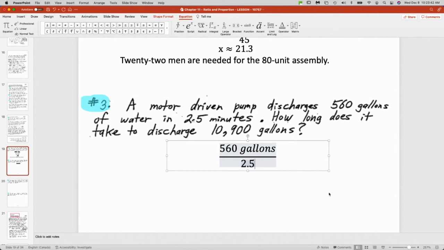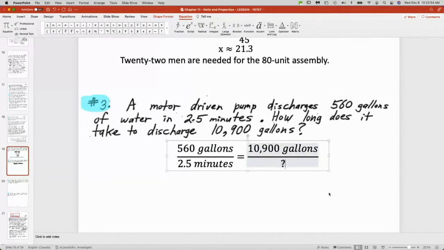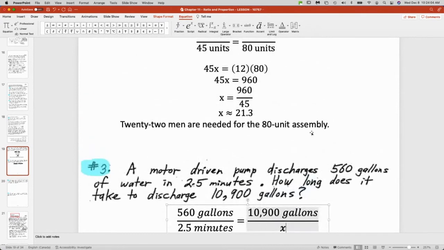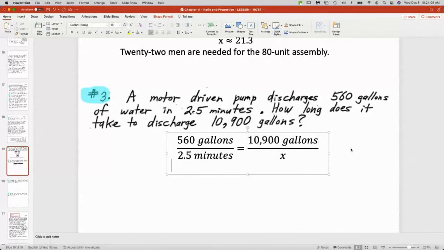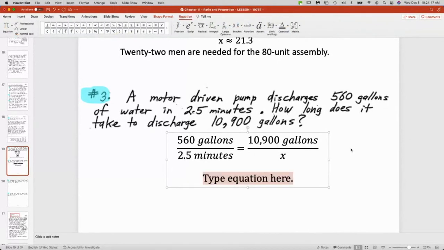So 560 gallons for 2.5 minutes would be the same as 10,900 gallons for an unknown amount of minutes, which we'll call X. So this question, we can avoid the units as long as you can appreciate that they are there and that it's understood that X is in minutes. In the past questions, I put the units everywhere, but now I'm just going to avoid that so that it's less distracting when I write down the algebra.